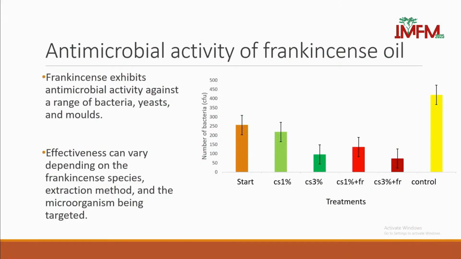So we have 1%, 3% chitosan mixed with the frankincense essential oil. It increased antimicrobial activity. So it's showing a number of bacteria as colony-forming units.